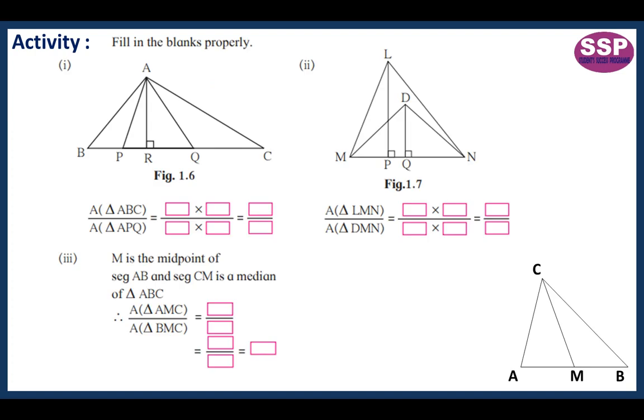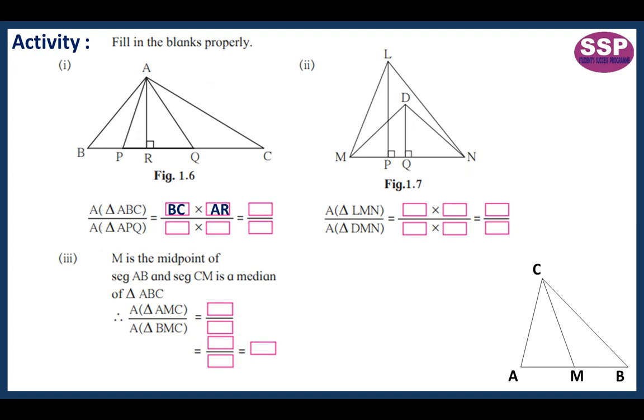Fill in the blanks properly. In the first activity, we have to find out the ratio of area of triangle ABC and triangle APQ, and that is equal to the product of their bases and corresponding heights. So in the numerator we have to write the product of base and height of triangle ABC, that is BC multiplied by AR.